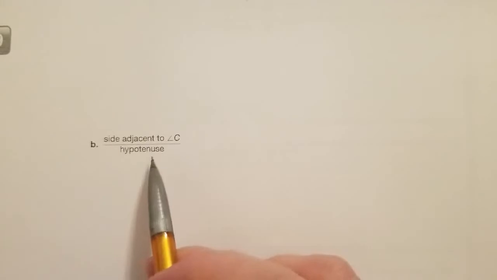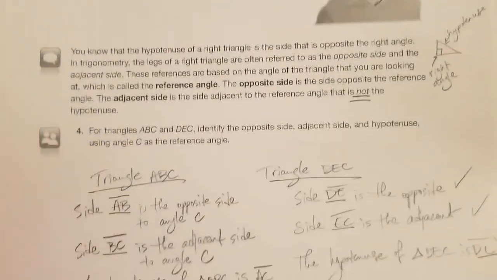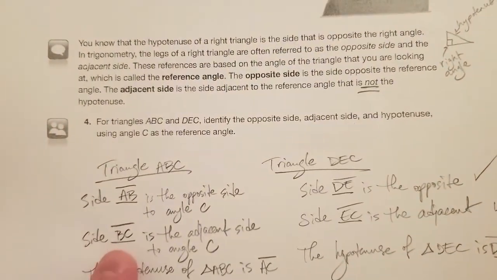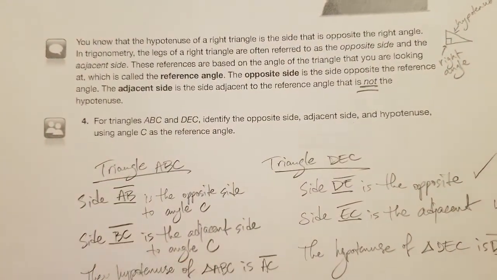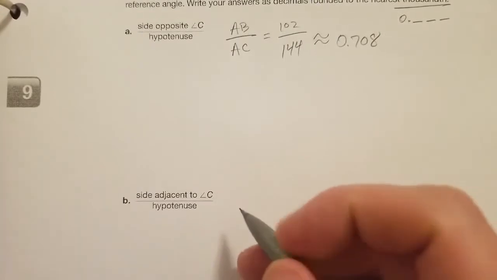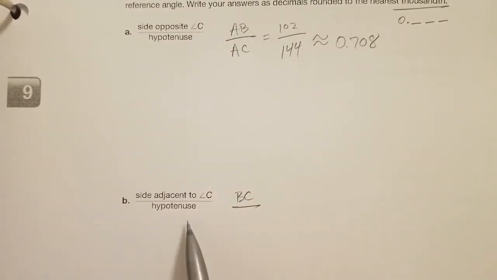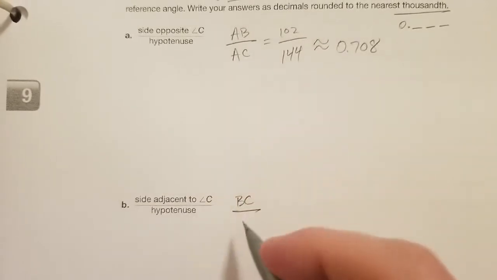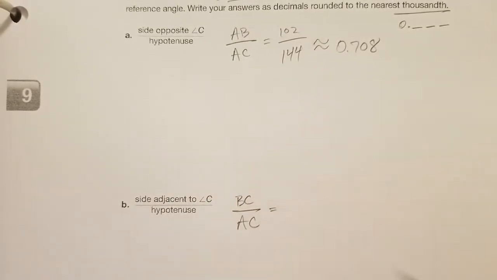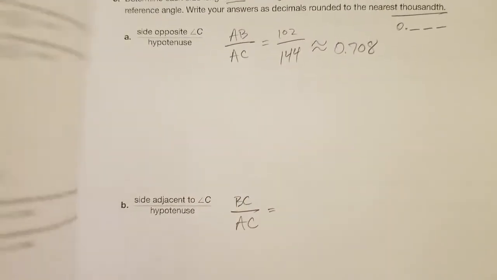We want the side adjacent to angle C. So let's figure out which one was the side adjacent. The side BC is the one adjacent to angle C, so I'm going to put BC here. And I want to divide that by the hypotenuse, which I know from up here is AC. So how long was BC?